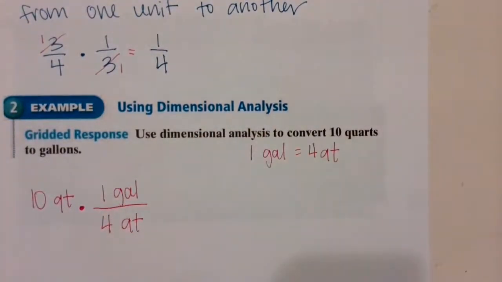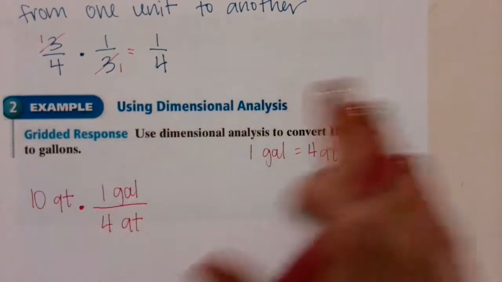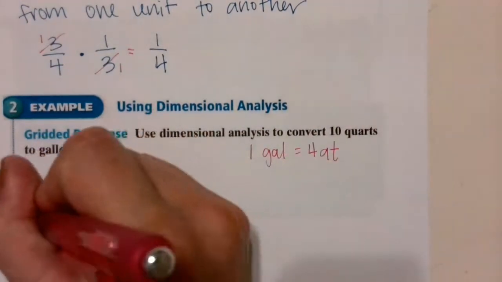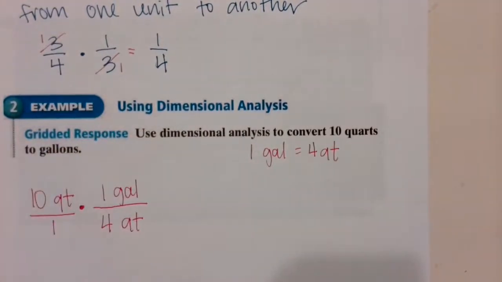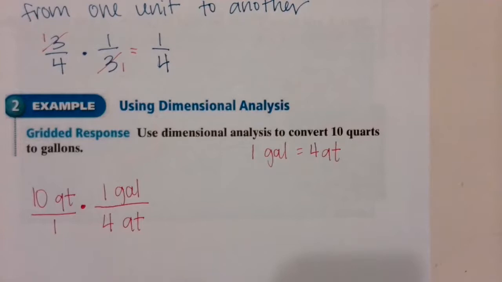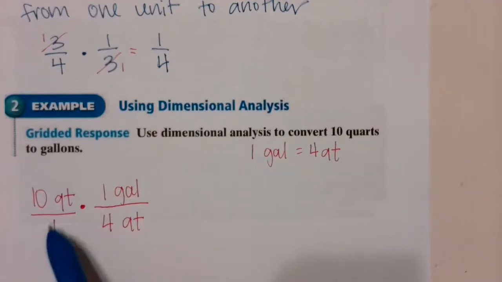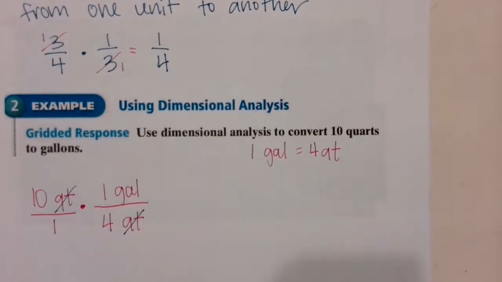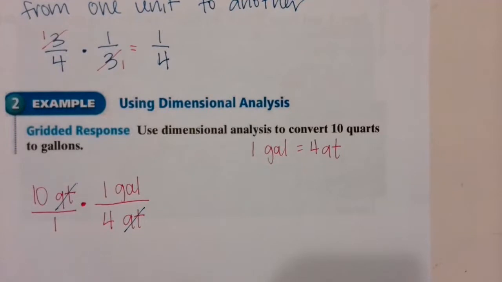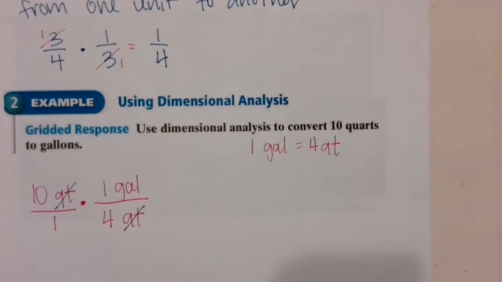Okay? And now I've got a number multiplied by a fraction. If I'd like to multiply a fraction by a fraction, then I can change this 10 to be 10 over 1. Okay? So I can first cancel my quarts. Those both cancel each other out. And then I'm also going to look at the 10 and the 4 and say before I multiply these, I can do some simplifying.